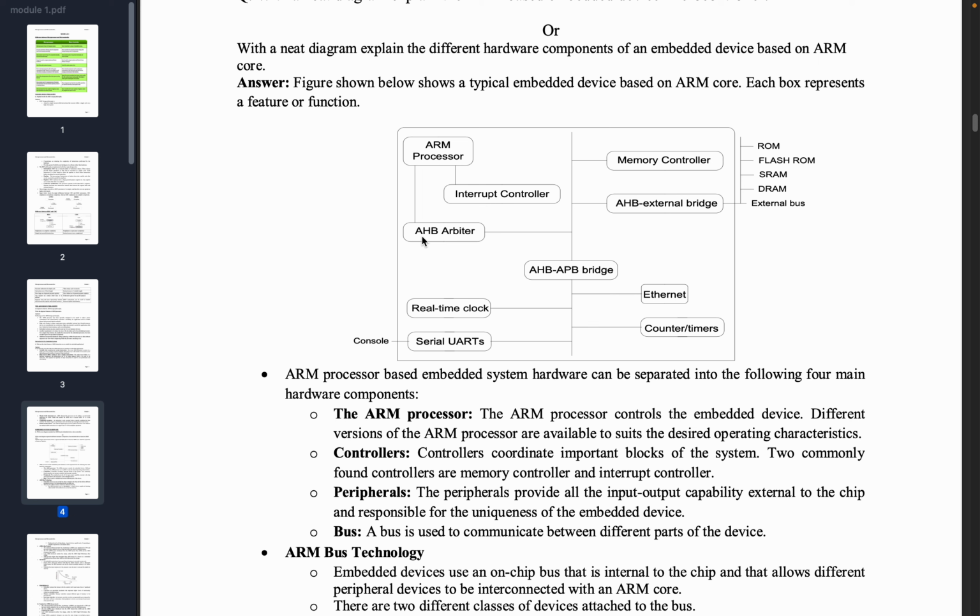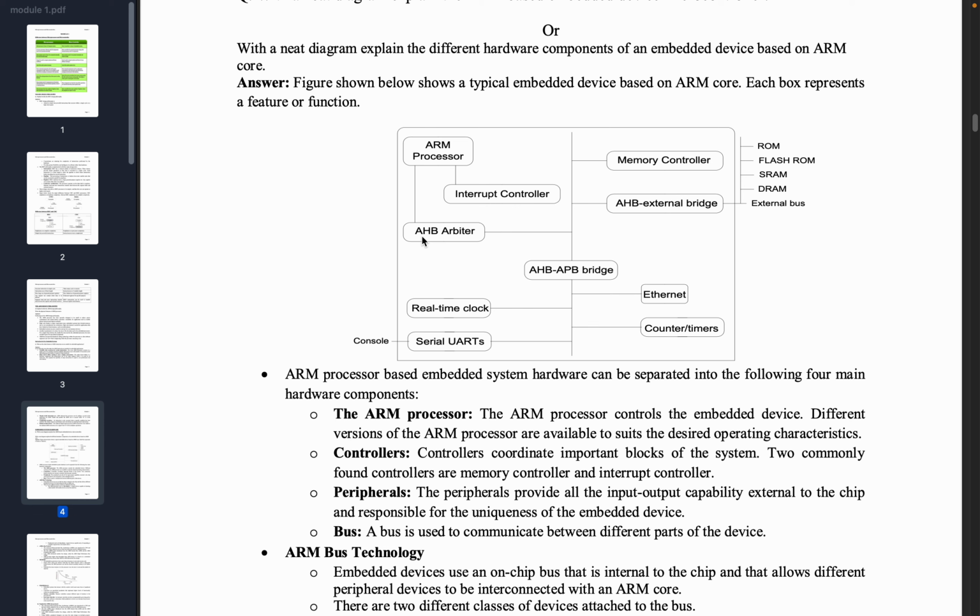Then peripherals provide all the input and output capability external to the chip and are responsible for the uniqueness of an embedded device. And then the bus: it is used for communication between the different parts of the device. Whenever you communicate from one device to another, that mediator is called a bus. That's why you have to specifically use the word bus.